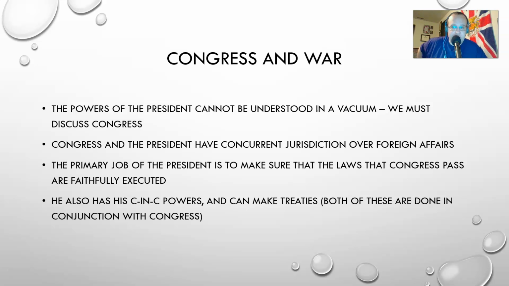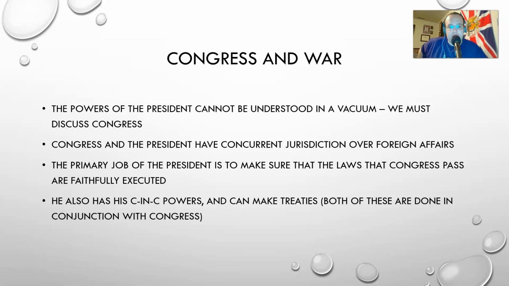Congress declares war, then the president can exercise his role as commander-in-chief if you're looking at the Constitution. Congress can also choke off money to the military, and that's the power of the purse, if they feel maybe the president is abusing his prerogative.